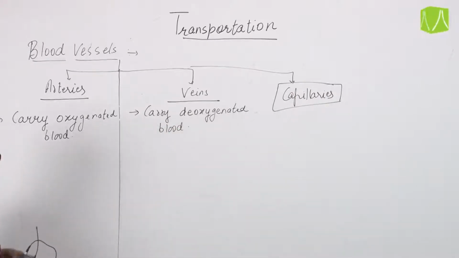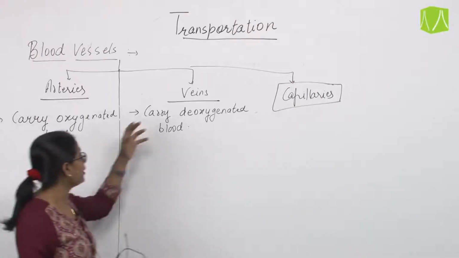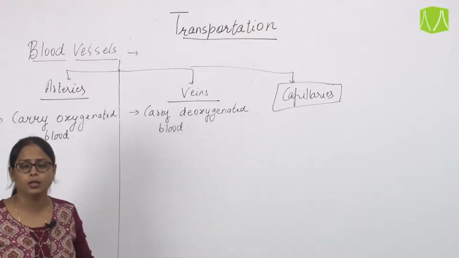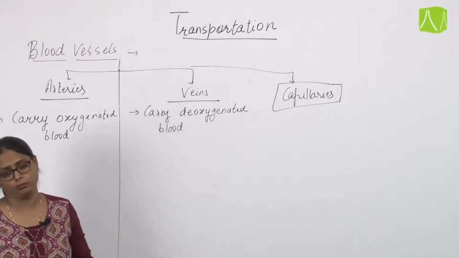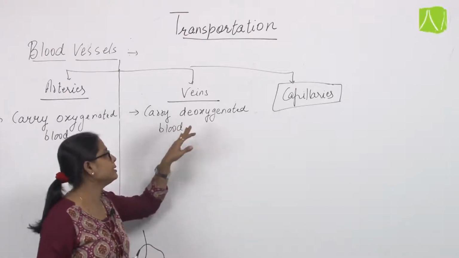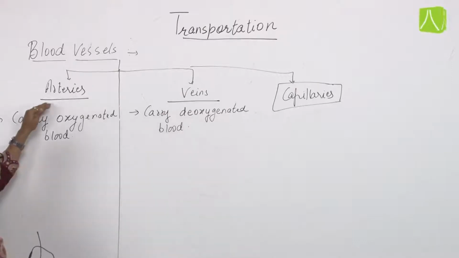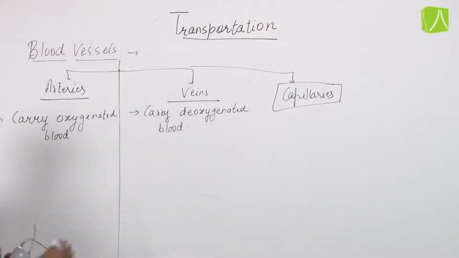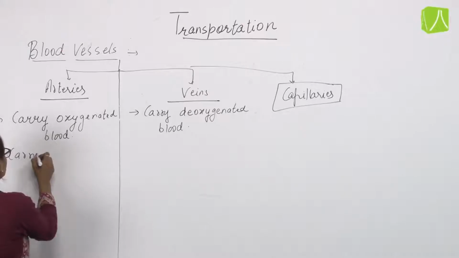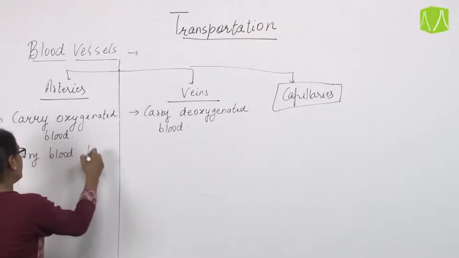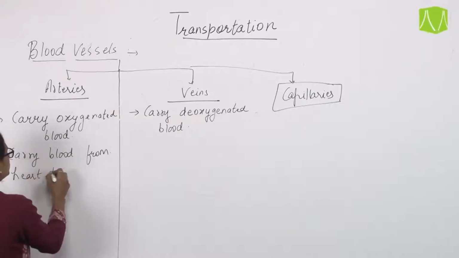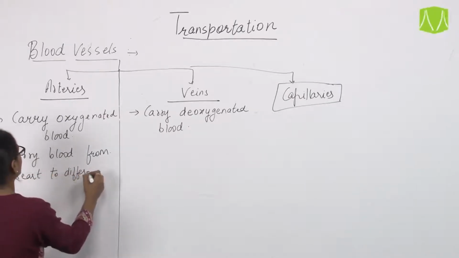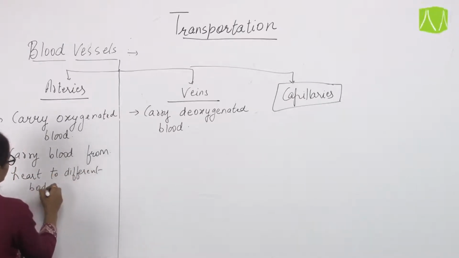So you can say arteries have oxygen in their blood and veins do not have oxygen in their blood. Instead of oxygen, veins carry carbon dioxide along with the blood. That means you can say that arteries carry blood from the heart to different body systems.